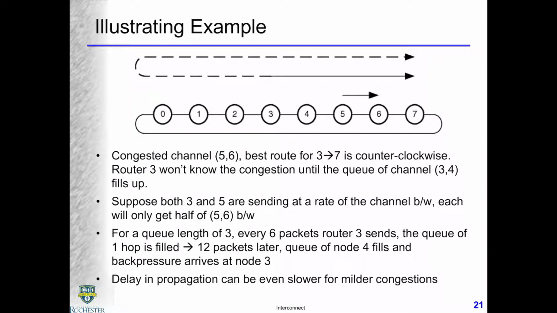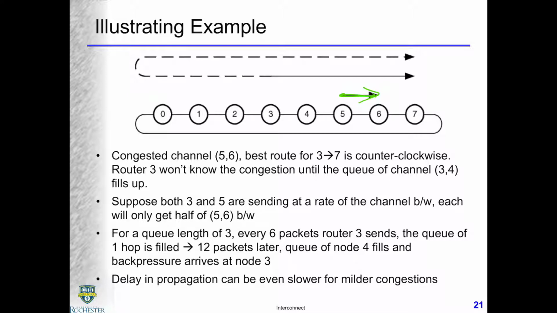Let's look at the original example of a network. Now this time we just simplify it to two traffic flows. One from node 5 to 6 over here, and it's sending 1 packet a second. Okay, and that's exactly the channel throughput.